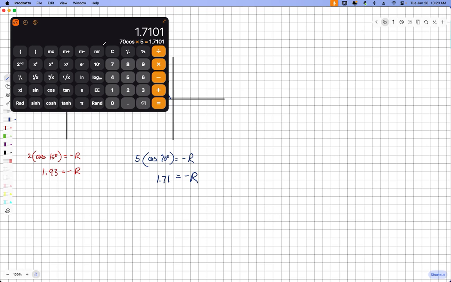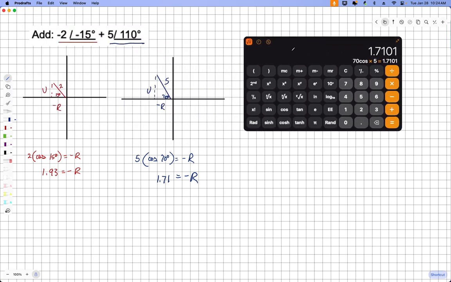Okay, so now we'll do the sine. We'll do the u. So 2 times sine 15 degrees is u. 5 times sine 70 degrees is u.